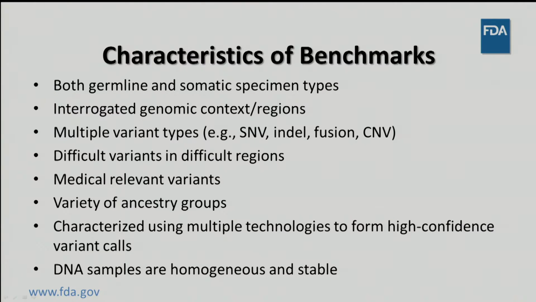It would be great if there are difficult variants in different difficult regions. For developing clinical genetic tests, it's desired to benchmark medically relevant variants, and also in a variety of ancestry groups.